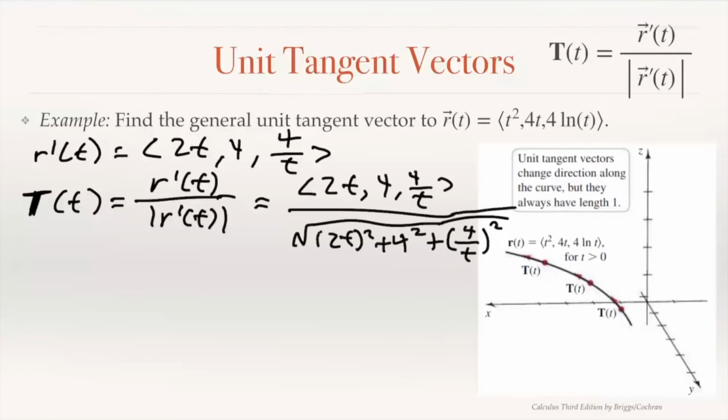Now, this is perfectly fine in a sense. I mean, this is completely correct, and it does give an expression for the unit tangent vector at any point t. So just plug in a point t, and you get the unit tangent vector there. However, we can algebraically simplify that, and obviously if we want to take the derivative of something like the unit tangent vector, this is a mess.